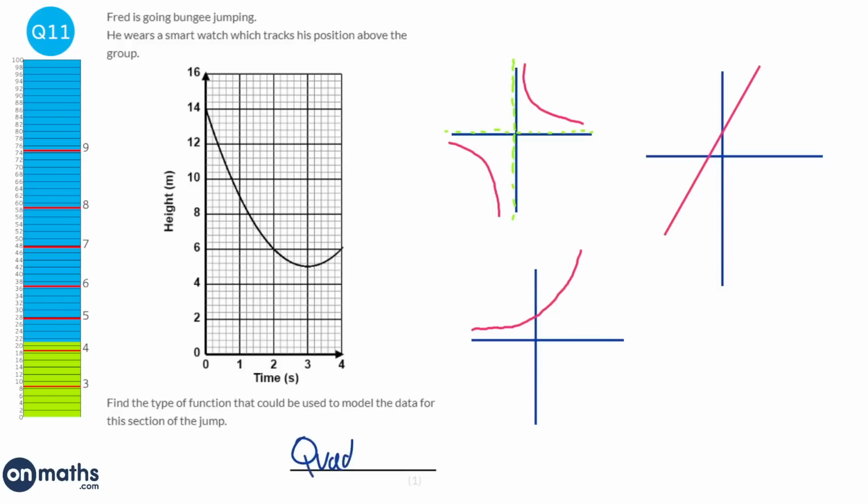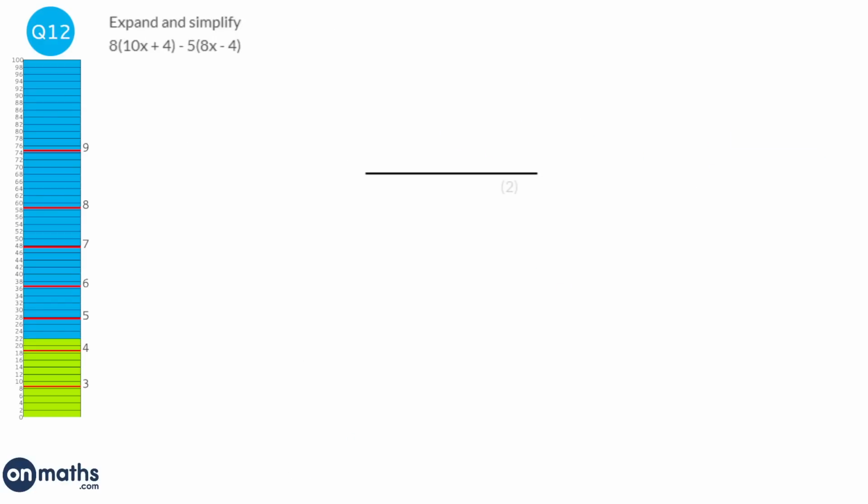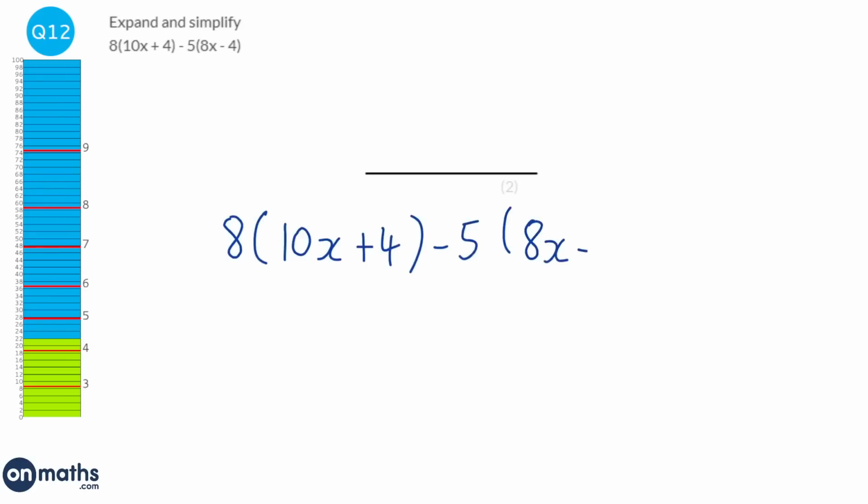So quadratic function. I'm just going to write the question out, so we've got a little bit bigger writing to play with here. It doesn't actually matter which method you expand these brackets with. I'm going to use smiles and rainbows.